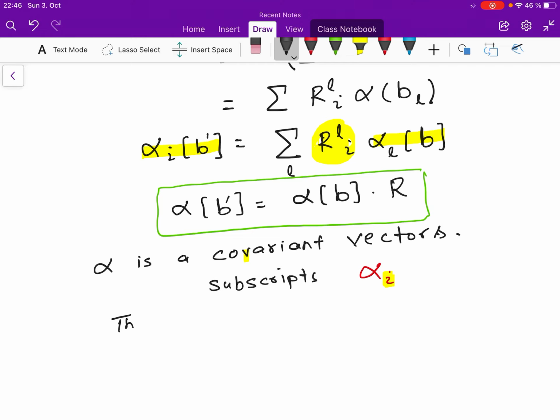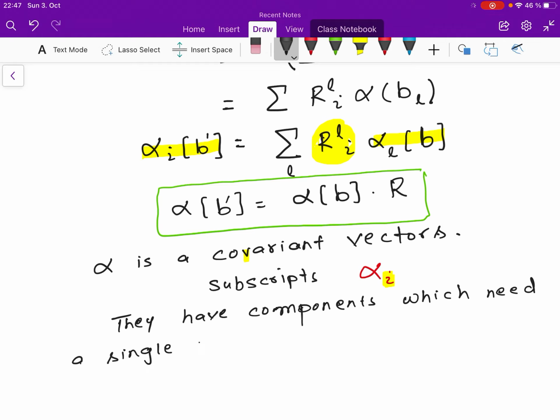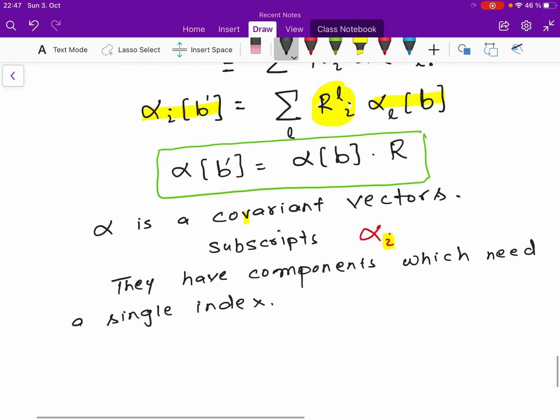They have components which need a single index, or they can be indexed by a single number.